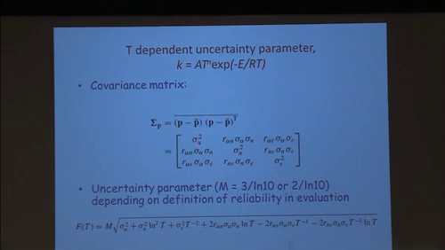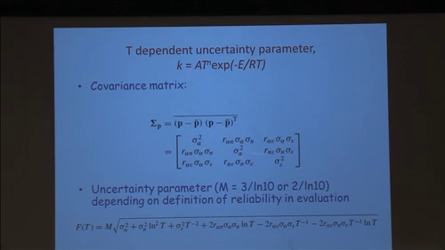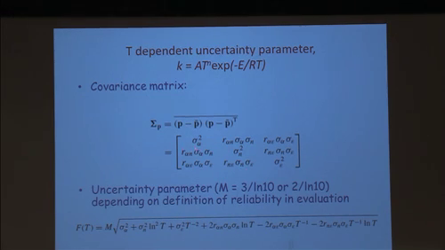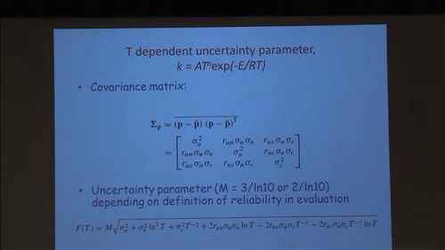So there's the variance in the A factor, the variance in N, the variance in the activation energy. And then these are the covariances between A and N, and there's the correlation coefficient between N and E, etc.